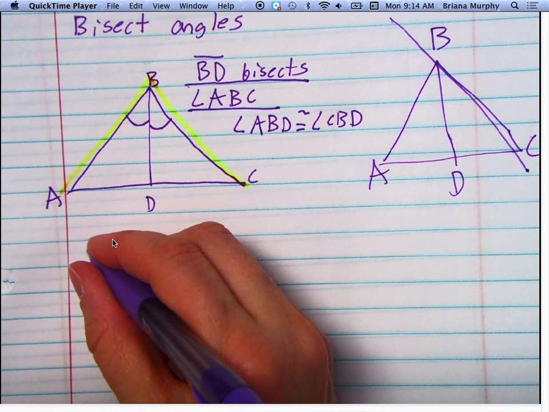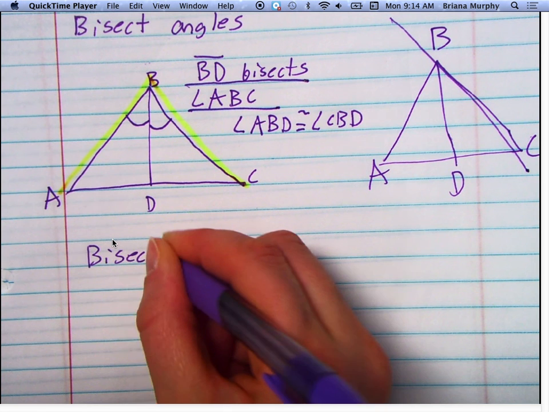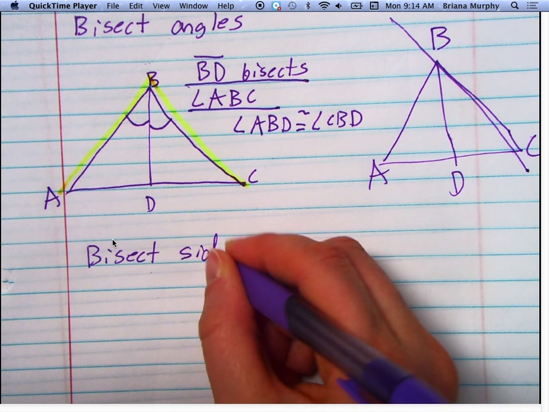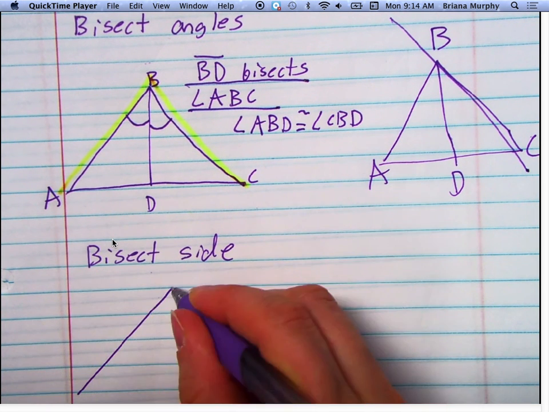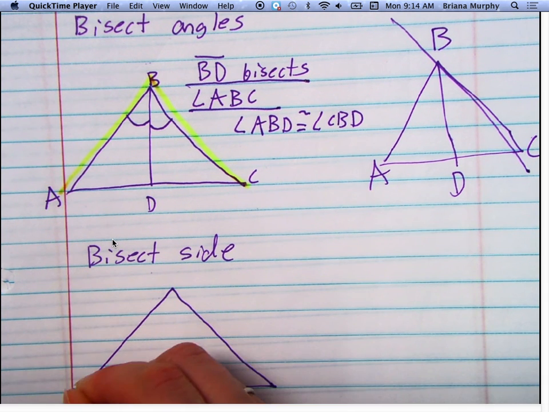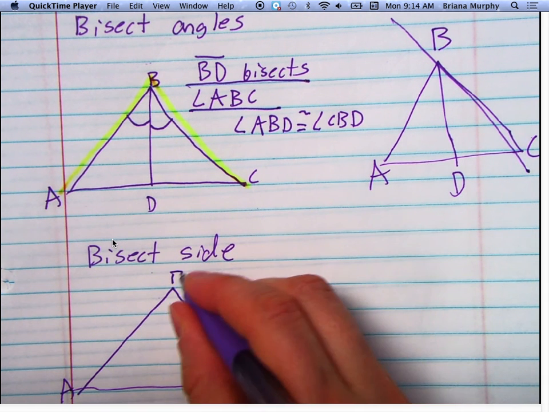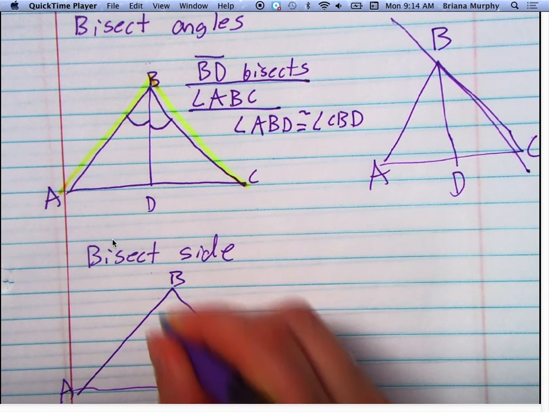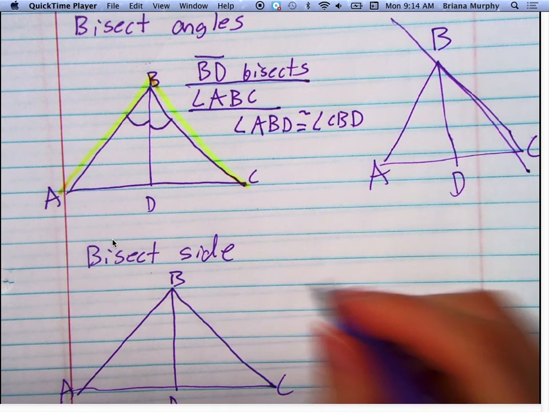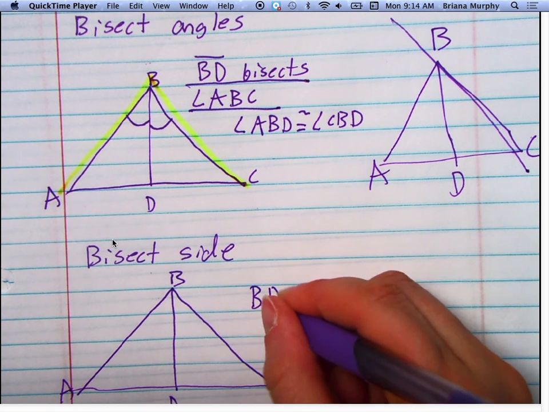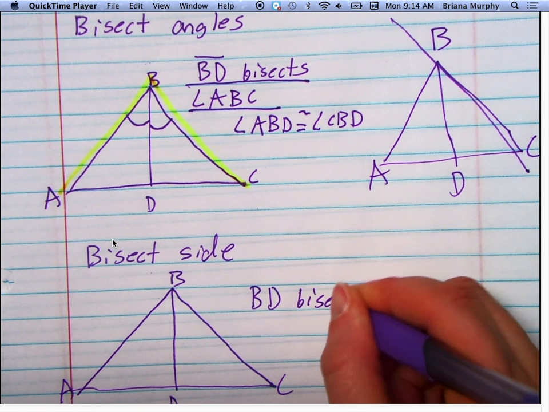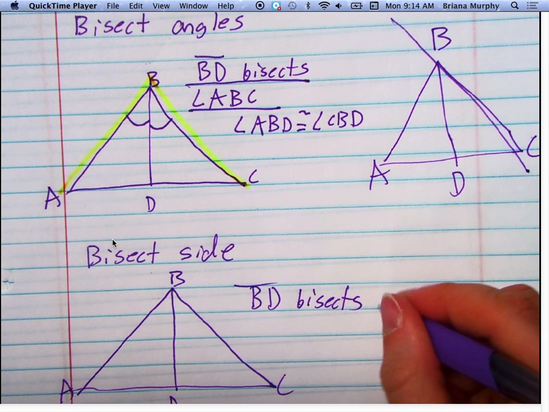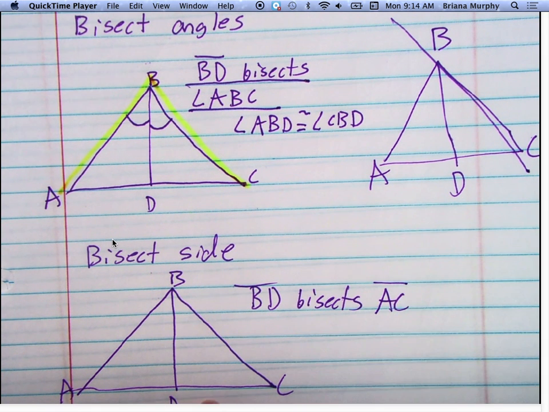Now I can also bisect a side. So my same picture, but look at what I'm stating. BD bisects AC. So this is almost the same thing.